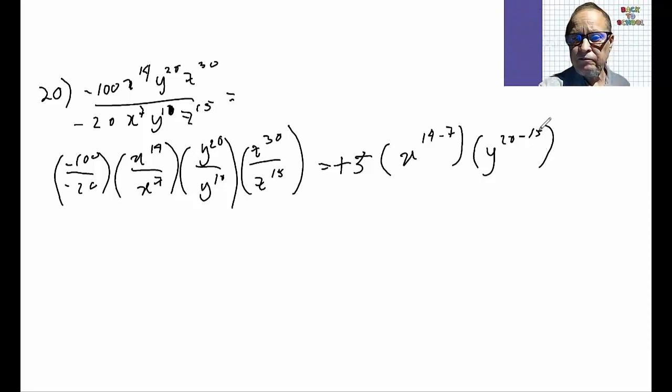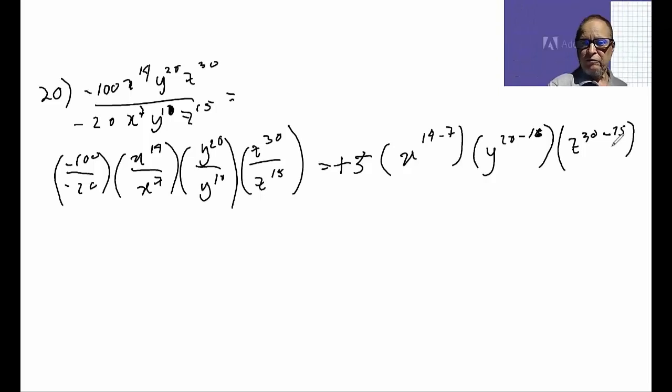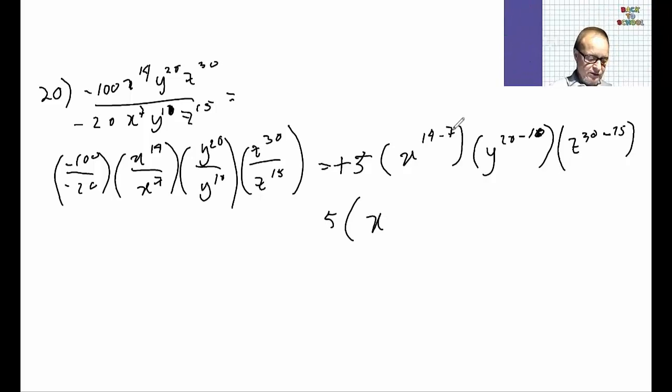I mean 10. And then z to the 30 minus 15. Be careful there. That is to the 10. And then I get 5 x, well, 14 minus 7 is 7.